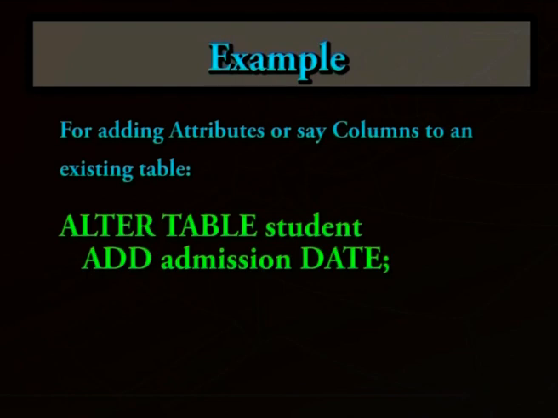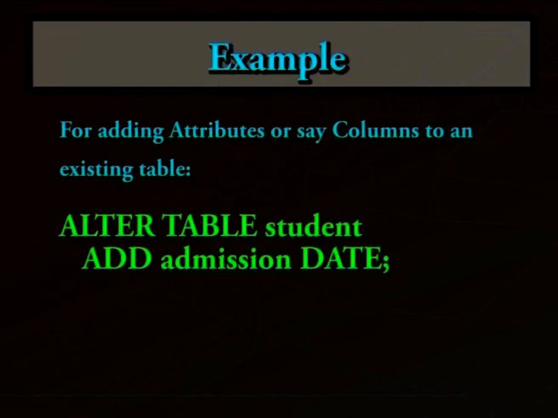For adding attributes or columns to an existing table, look at this example: alter table student add admission date. So, this statement will add a new column to the table student with column name admission and data type date.